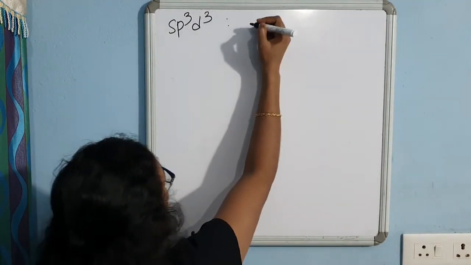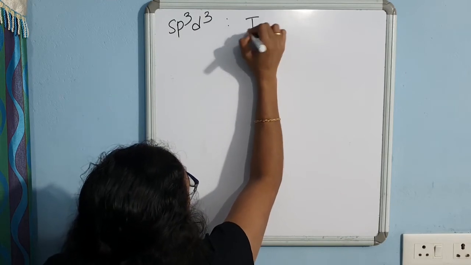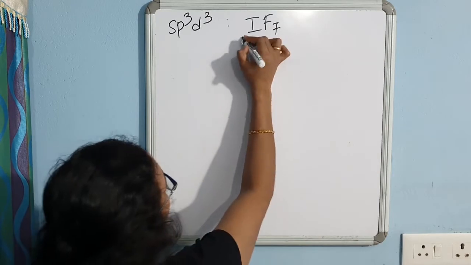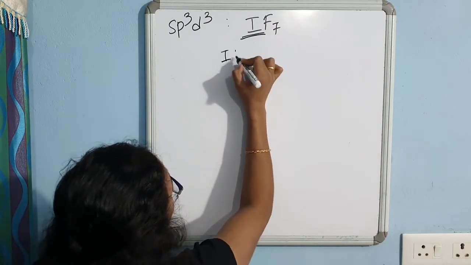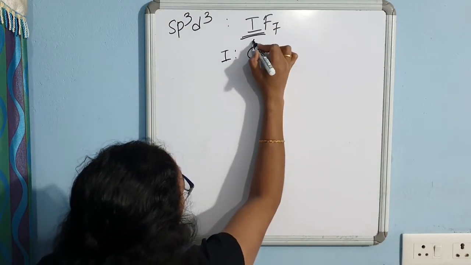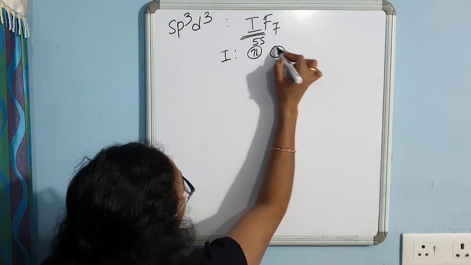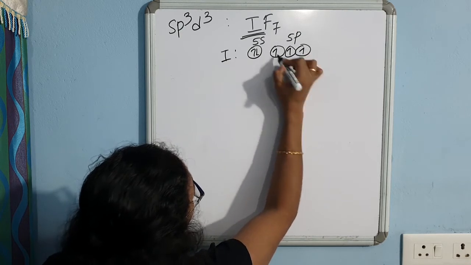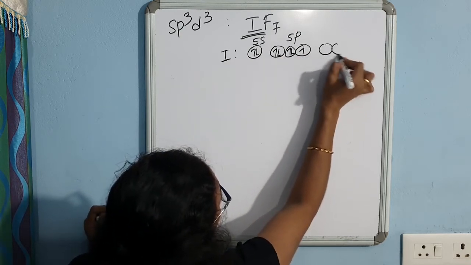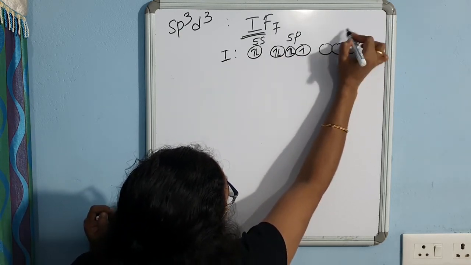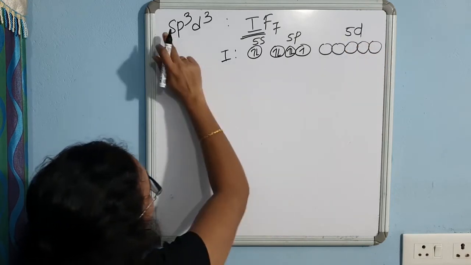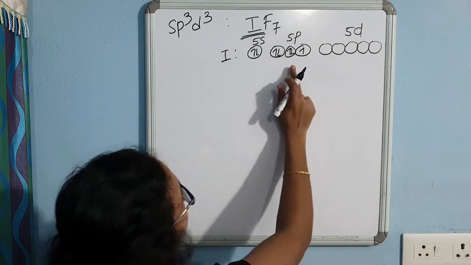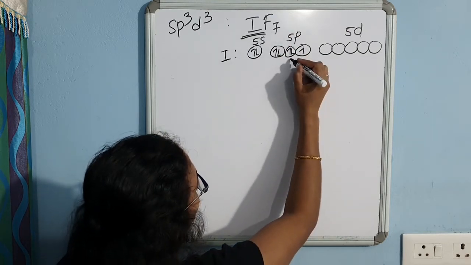So we can take a halogen compound, let's say IF7, an interhalogen compound, where iodine is the central element, and for iodine the ground state configuration is 5s2, 5p5 and 5d0. This is the ground state configuration. In order to combine with 7 fluorine atoms, it should make available 7 half-filled orbitals.